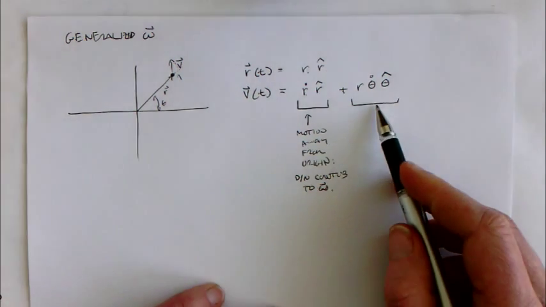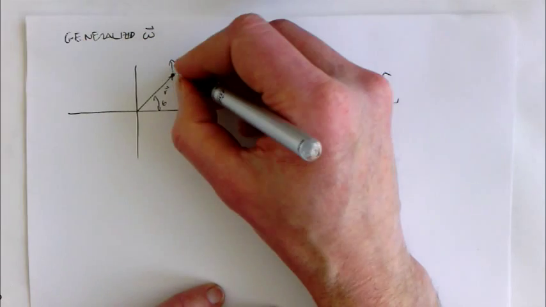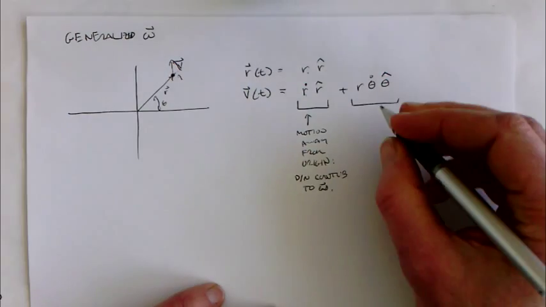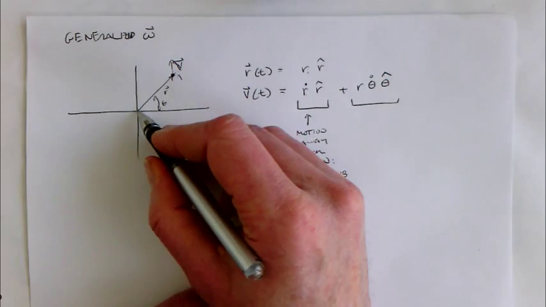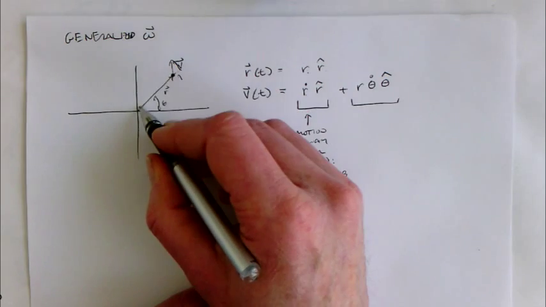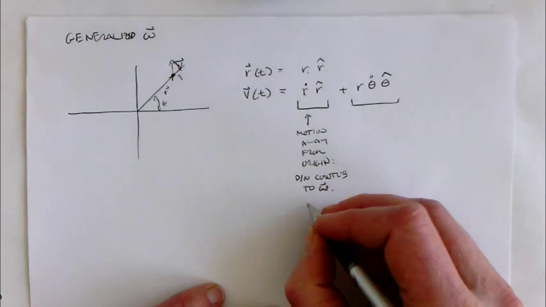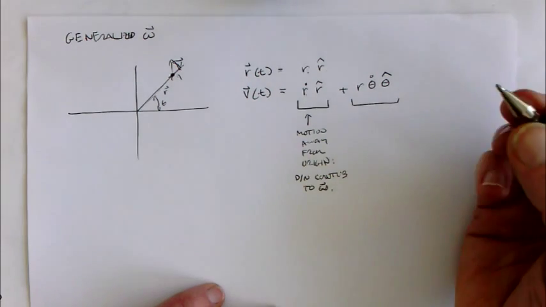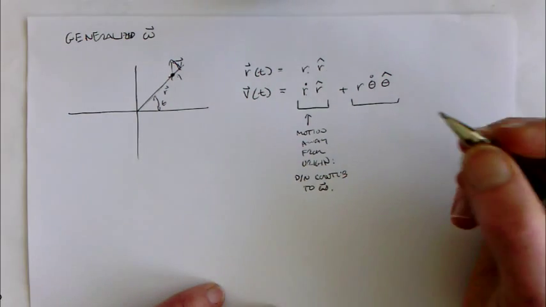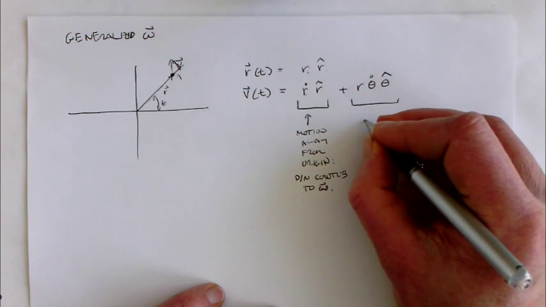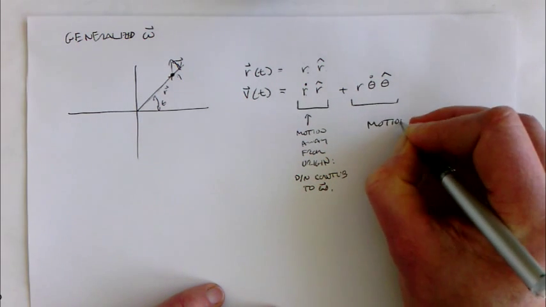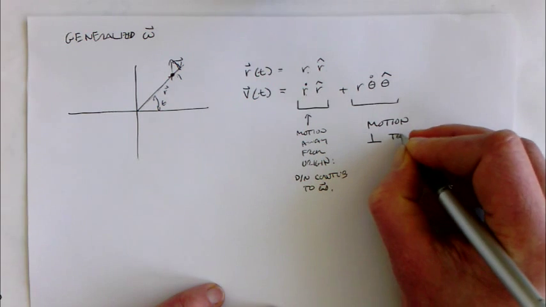On the other hand, let's think about this second term. It's the component of the velocity that is perpendicular to the direction away from the origin. So the motion in the r hat direction is the radial component, and this is the motion perpendicular to the radial component, in the theta hat direction.